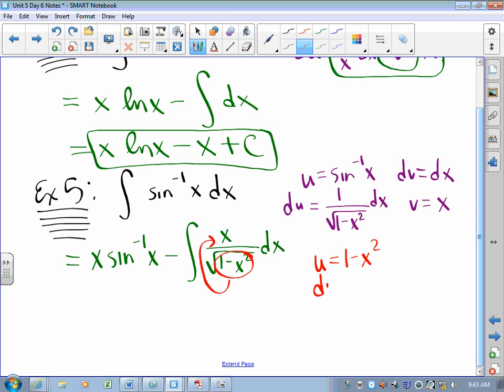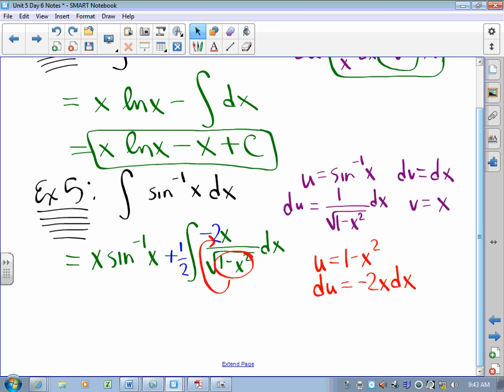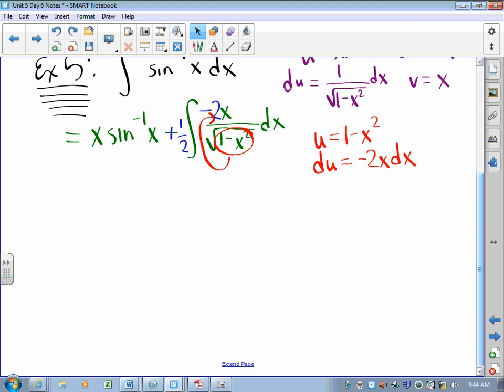The problem is I don't have a -2 in my integrand. And so I just have to randomly say, oh, look, there's a -2, but I have to balance that out. And so what do we end up with?